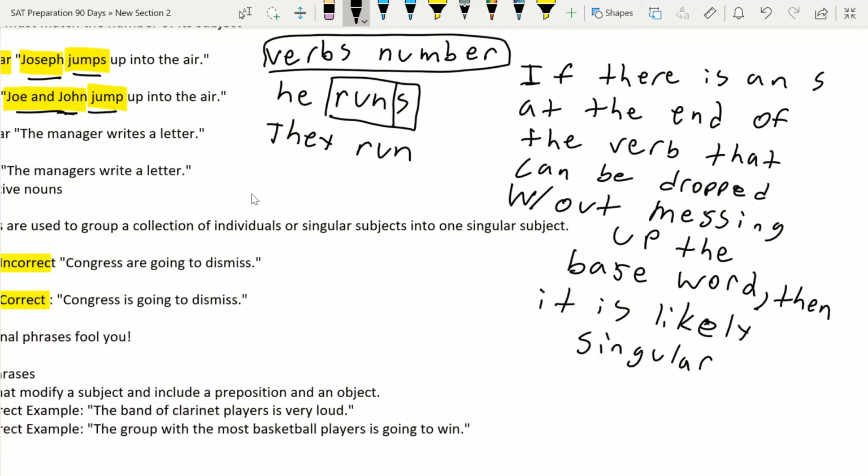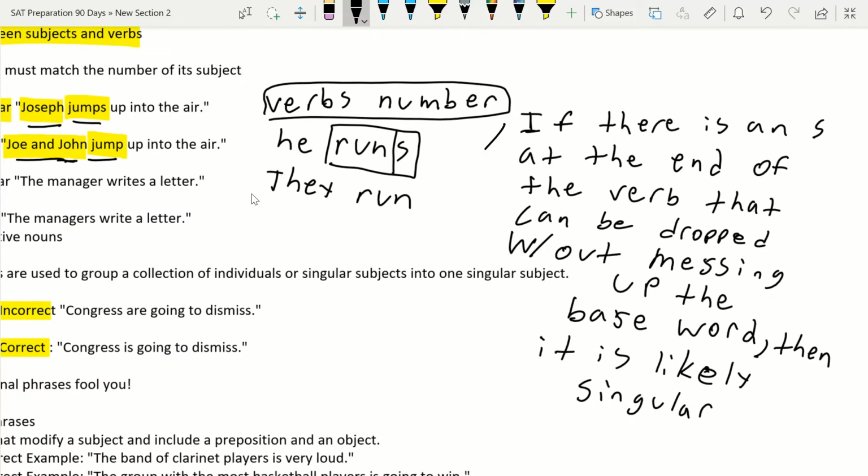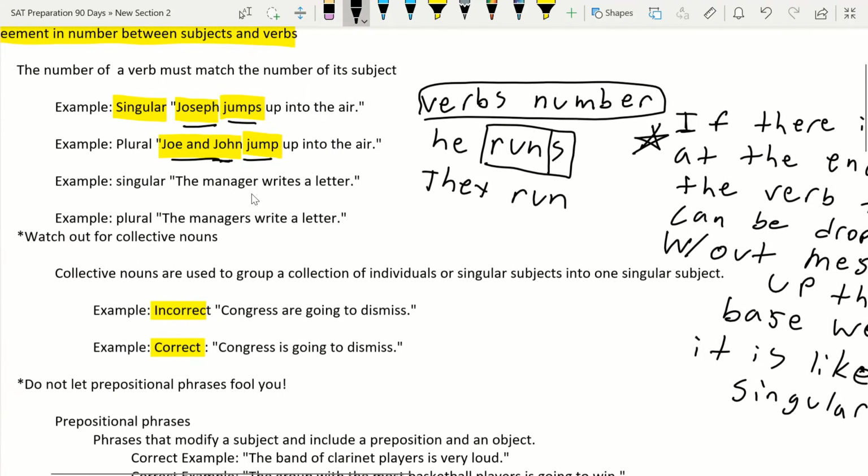So that's one thing to keep in mind. So I would go ahead and recommend putting this right here in your notes, that if there's an S at the end of the verb and that S can be dropped without messing up the base word, like jump, jump is your base word, then it's likely singular, right? So Joseph jumps, that jumps is going to be a singular verb, but jump, when it loses that S, becomes that plural verb. So I would recommend writing that down in your notes.